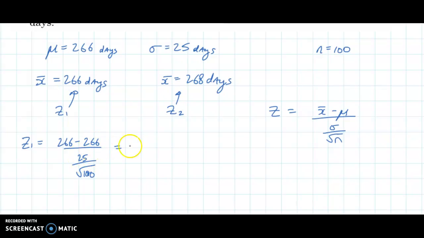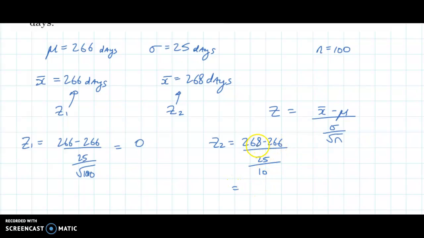So this is going to work out to be 0. Z1 is 0. And Z2 is going to be the same thing again, except the X bar position here will be 268 minus 266 over 25 over root 100, which is 10.